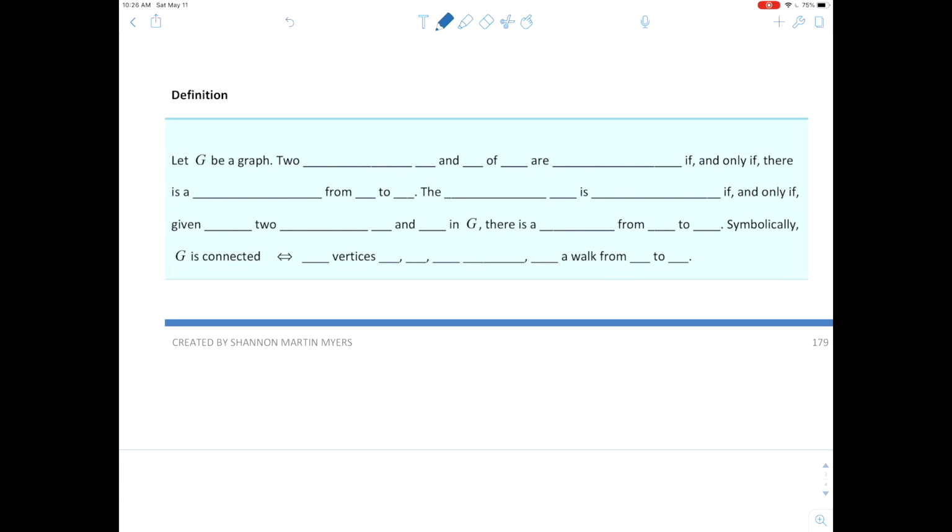Okay, so our next definition: let G be a graph. Two vertices V and W of G are connected if and only if there is a walk from V to W. The graph G is connected if and only if, given any two vertices V and W in G, there is a walk from V to W. This can be a little tricky, so I'll show you.